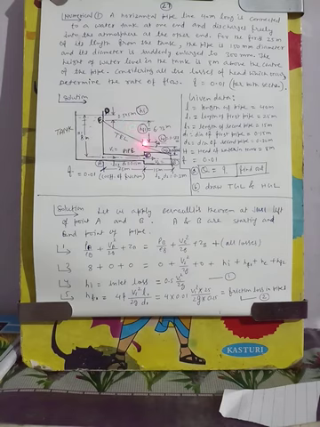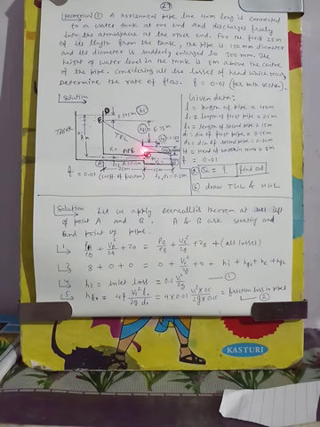Now for the hydraulic gradient line, we will make a line parallel to this line by subtracting V1 square by 2g, which will come to 1 meter. So at 1 meter we will draw a line parallel to this. Again at this point some energy will be lost due to the entrance and enlargement, and again some energy will reduce here.